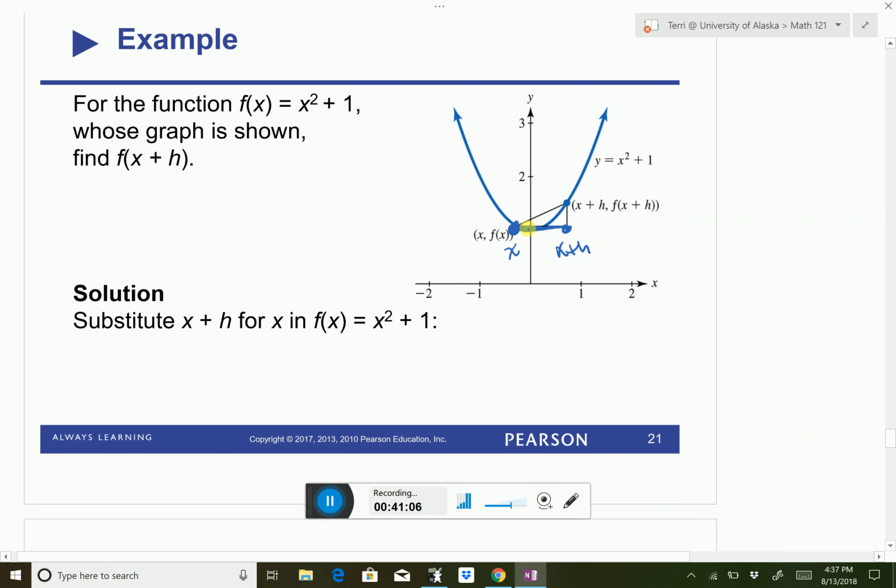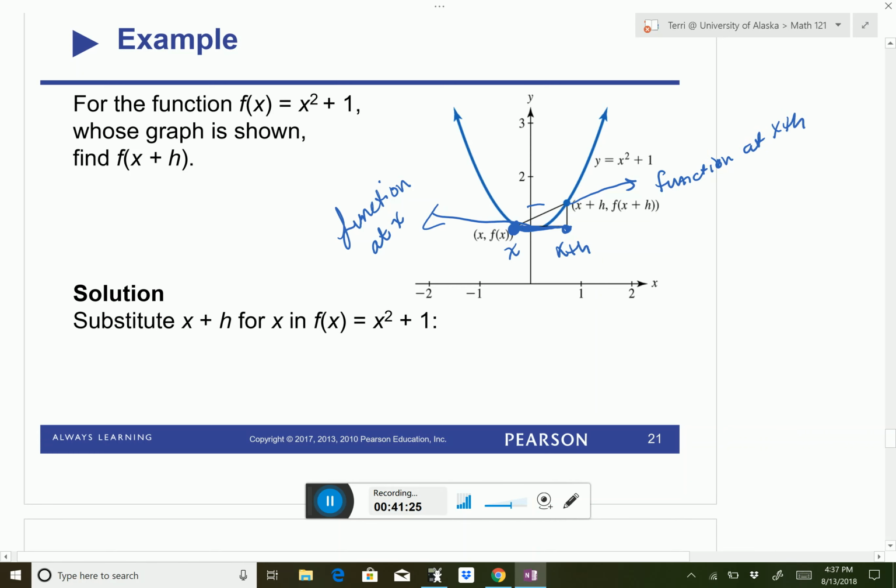So this direction is the function. This right here is the function at x, and this right here is the function at x plus h.